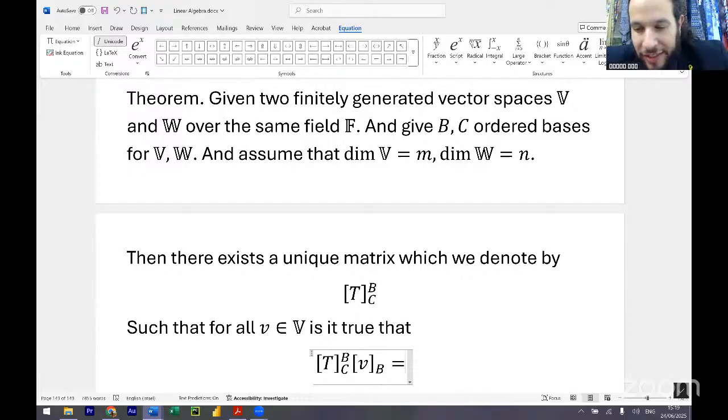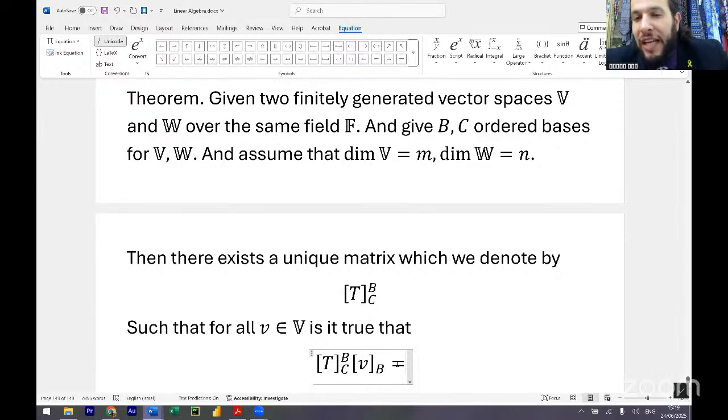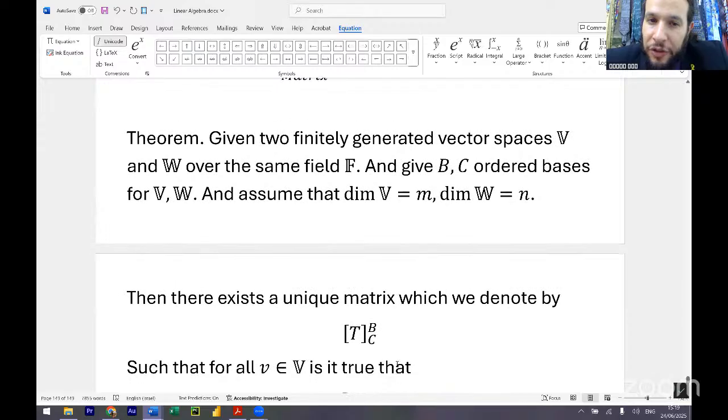Who can finish this formula? I took the WB. Yeah, so WC is good, but what is W? I didn't use the name W. Could you refer to W without using W, just using the letters written here?